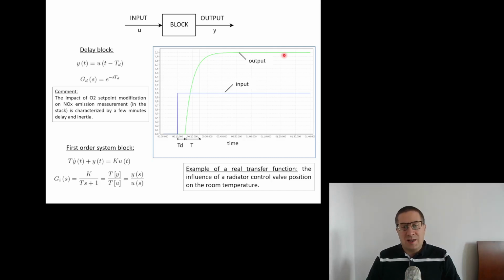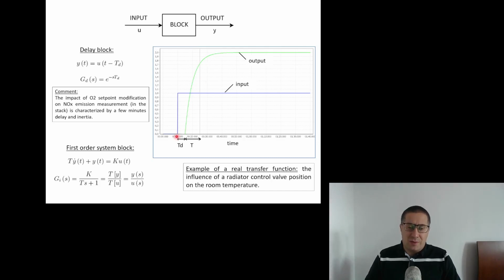Let's take another example. If we have a power plant and a power boiler, if I increase the set point for oxygen, I will push more air to the combustion chamber. After a while I will see that the NOx emission measured on the stack is rising, because at higher temperature, more NOx is produced.